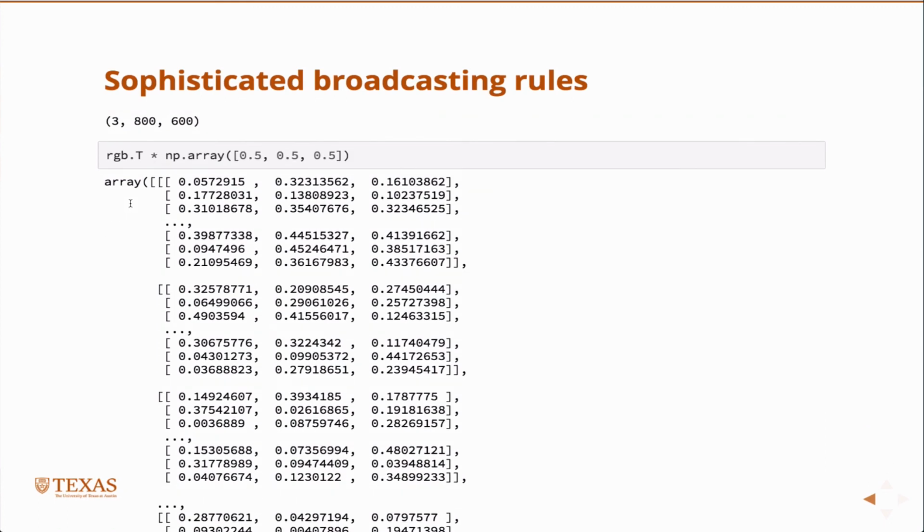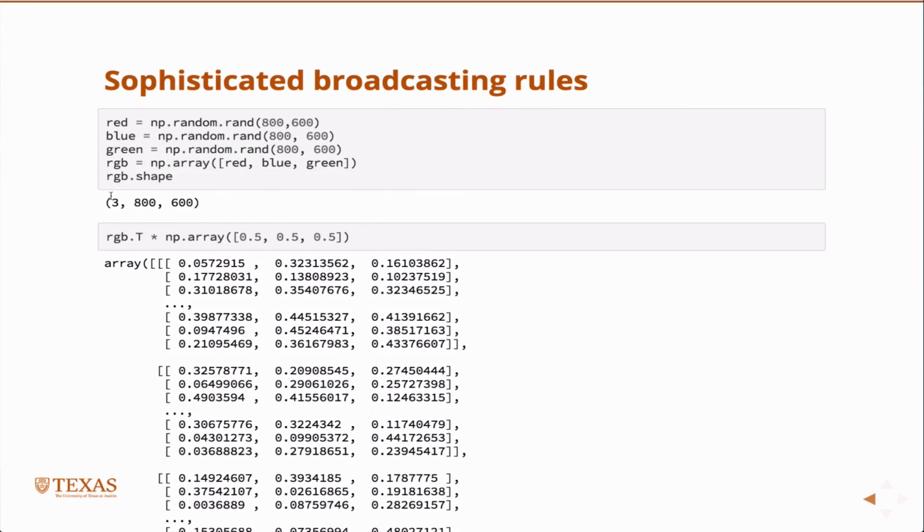So this is going to multiply across the first index, 3. And basically what this is going to do is cut every number, all of the red, green, and blue numbers, in half, and it's going to do it all in one operation.